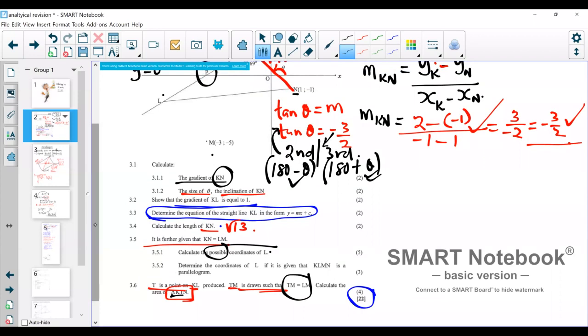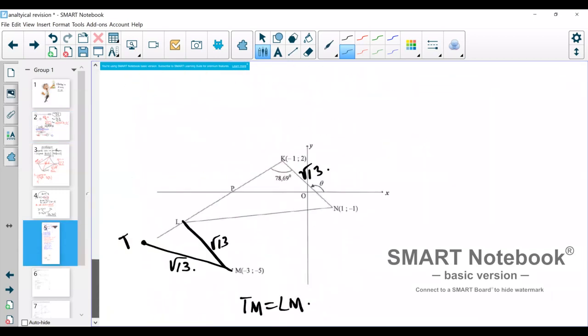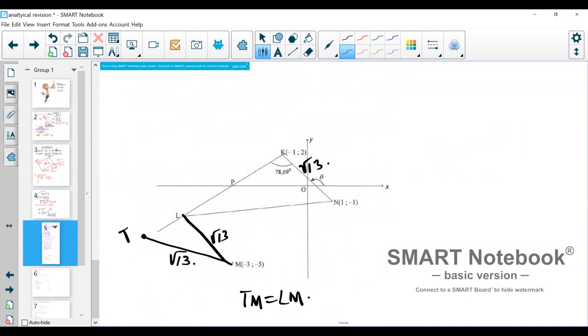Triangle KTN. All right. Good. Triangle KTN. Let me use a red. I'm looking for the area of this triangle. All right. Now, what is the area of a triangle? That's where we start from. It is half base times height.